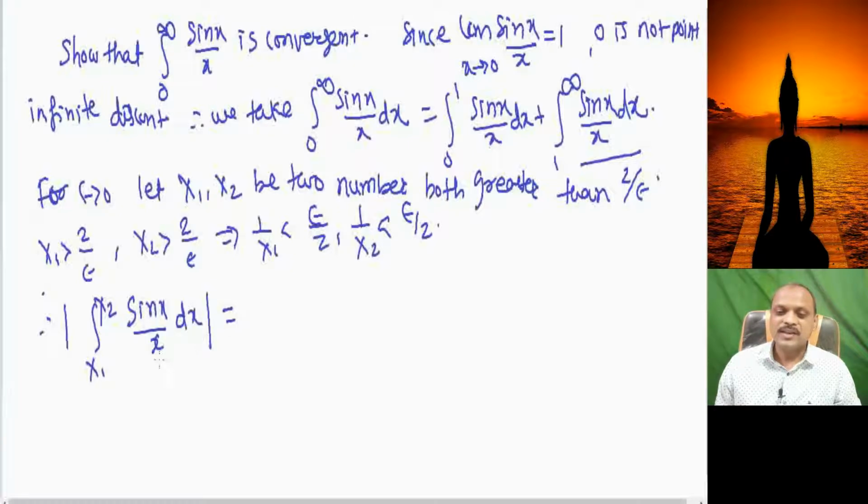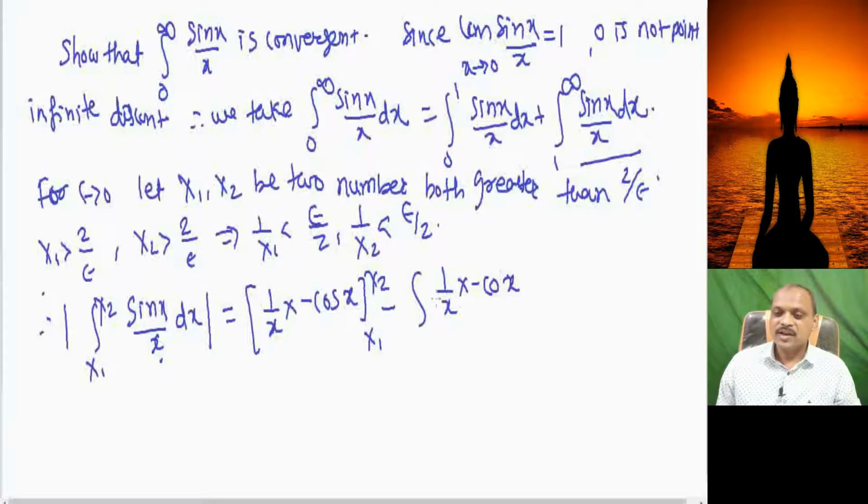equal to, let us integrate with sin x as the second function and 1 divided by x as the first function. This is 1 divided by x into the integration of the second, minus cos x, between the limits x1 to x2, minus the integration of the derivative of the first, minus 1 divided by x square, into minus cos x dx between the limits x1 to x2, all in the modulus.